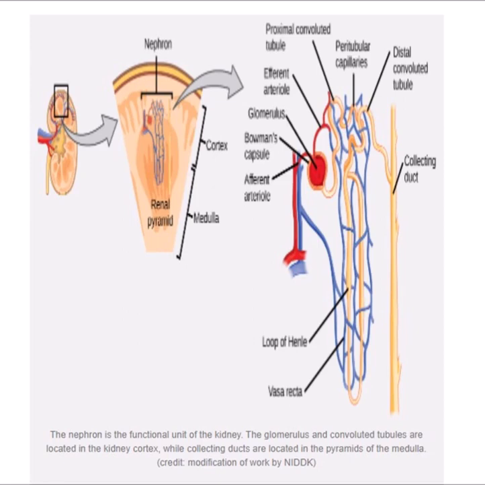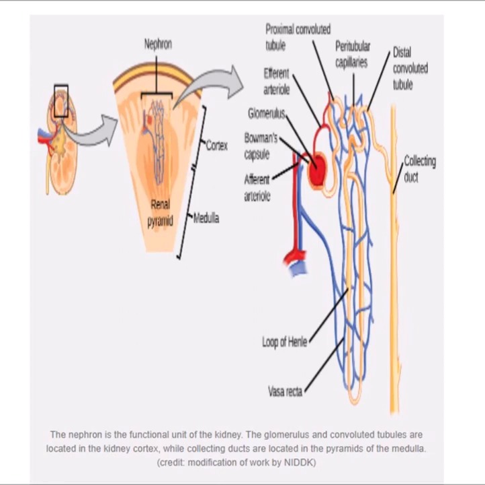The branch that exits the glomerulus is called the efferent arteriole, while the branch that enters the glomerulus is called the afferent arteriole. Within the glomerulus, the network of capillaries is called the glomerular capillary bed. Once the efferent arteriole exits the glomerulus, it forms the peritubular capillary network, which surrounds and interacts with parts of the renal tubule.